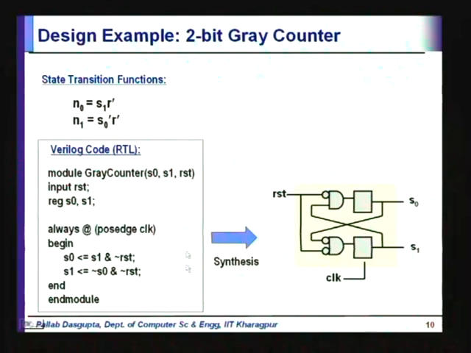Now, when you have this Verilog code, if you write it like this, then the synthesis tool will take this as the input and actually produce the circuit that is to be finally implemented. All right.